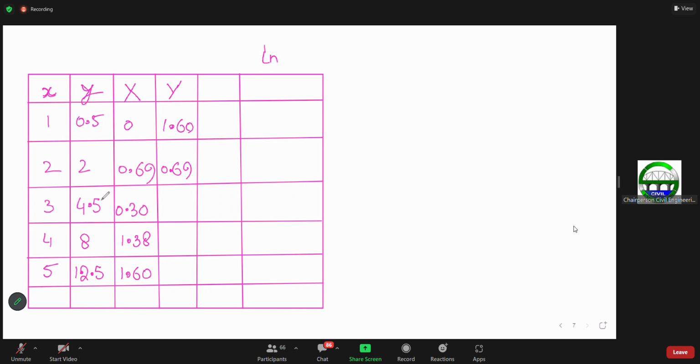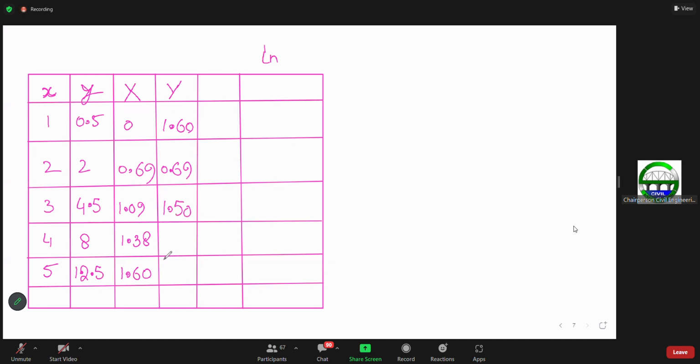Natural log of 3 is equal to 1.09. What is natural log of 4.5? 1.50.